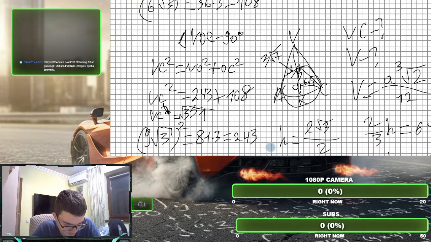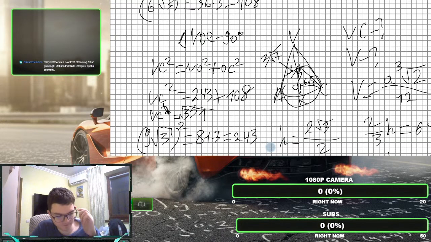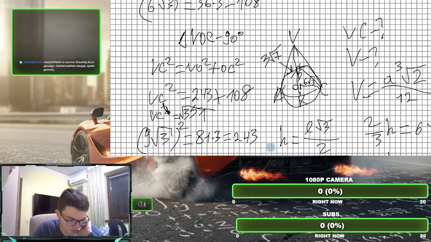Got the height. Well, no. It's not like this. Why like this? How does that make any sense?